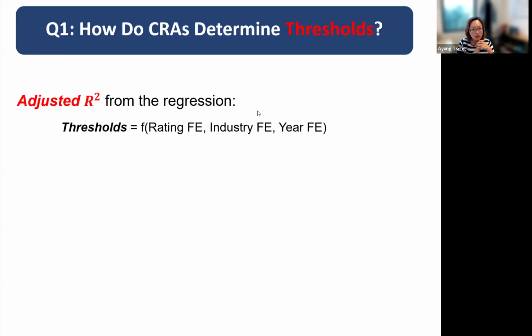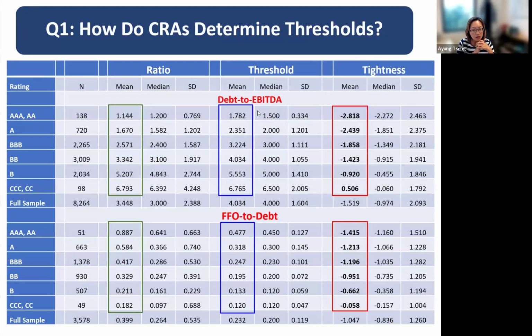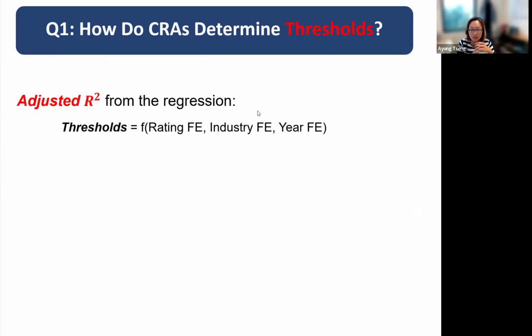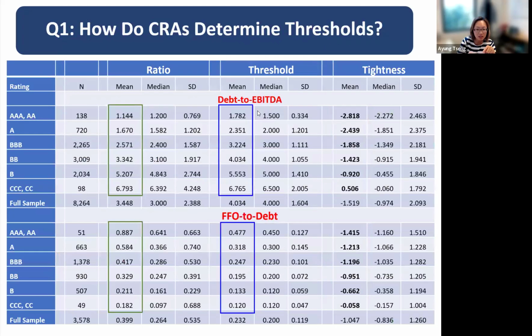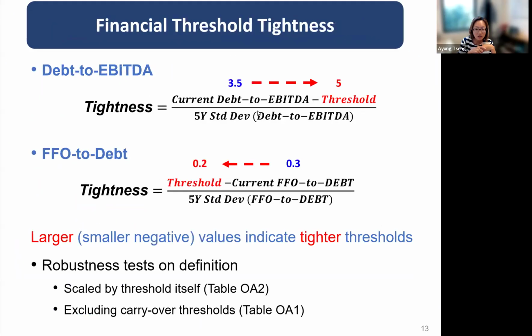So the first table, with the adjusted R squared, looks at how they set the thresholds, and over here we're looking at the tightness of the thresholds.